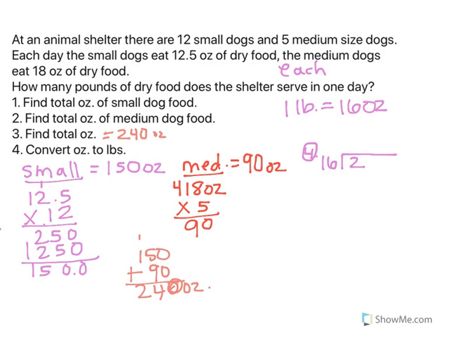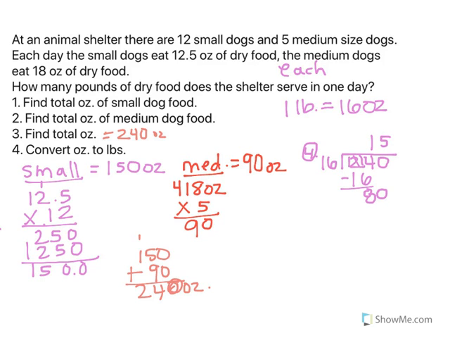16 into 240. And 16 can go into 24 one time. And when I subtract, I get 8 and 80, and I have a 0 in the ones place, and I know that 6 times 5 would give me a 0 in the ones place.